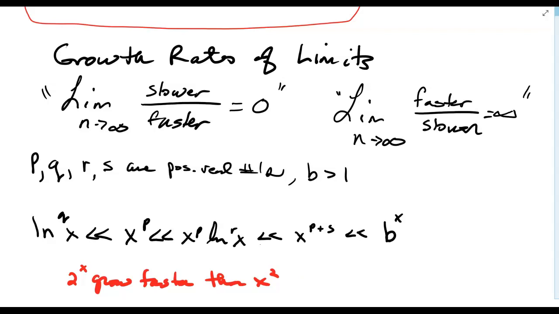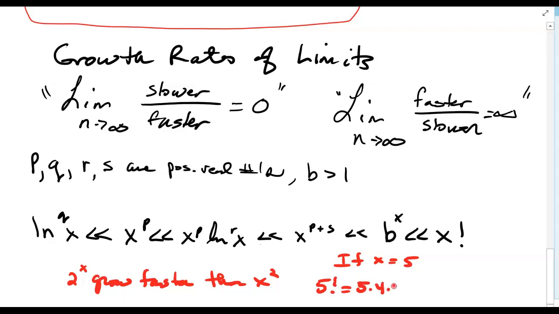All right, so we're not done our list yet. Let's do x factorial. Now, that is something to come across. x factorial is taking, if say x equals 5, 5 factorial equals 5 times 4 times 3 times 2 times 1.